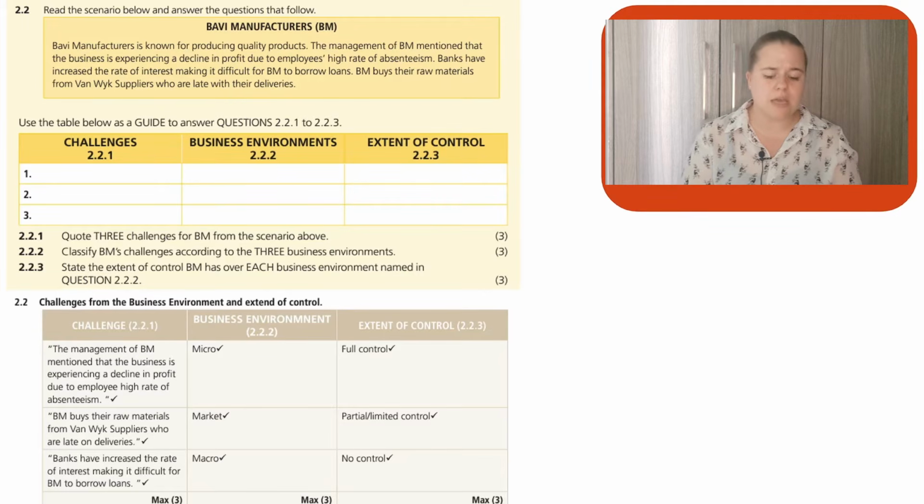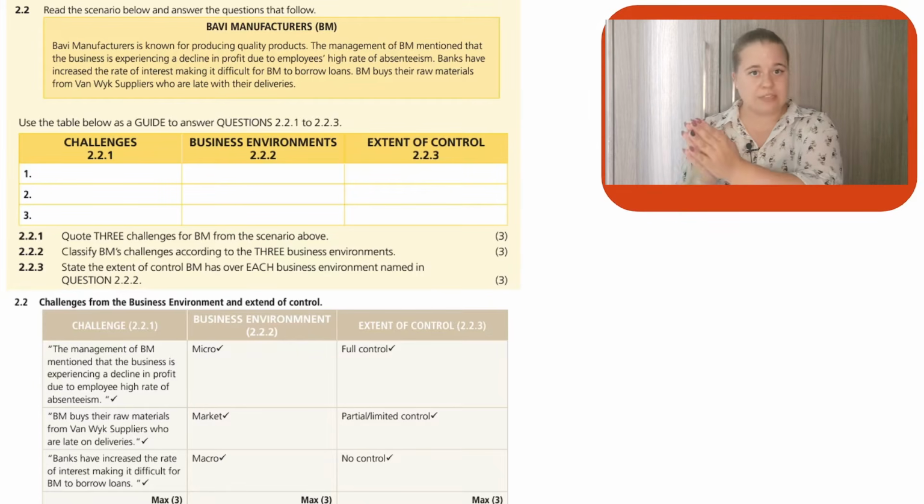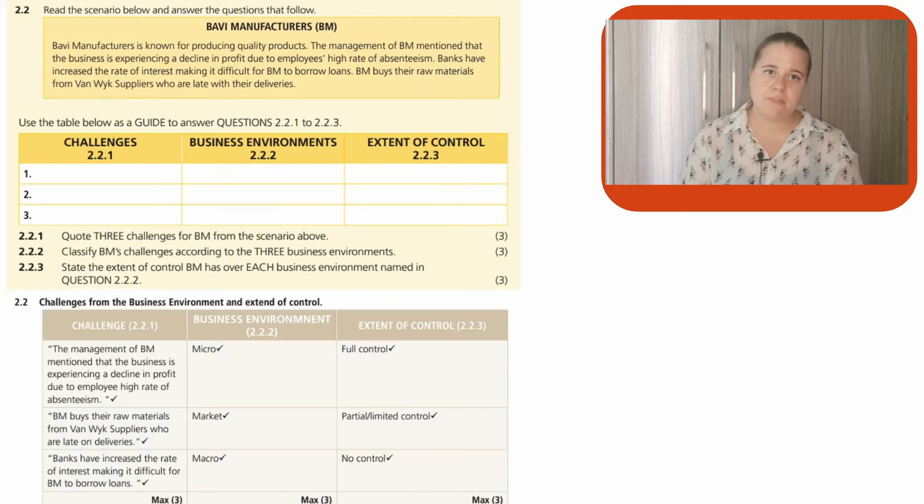And then just bear in mind, when you are quoting, because I also see this a lot with the students, please quote from the beginning of that sentence all the way to the full stop. Okay, I've had it before where students have said suppliers who are late on deliveries.